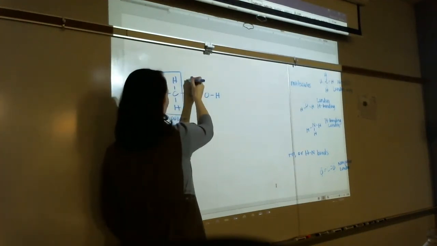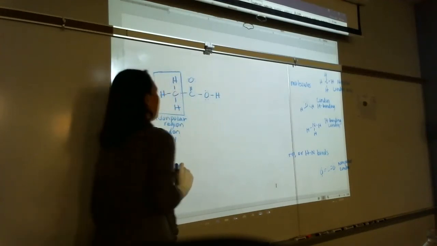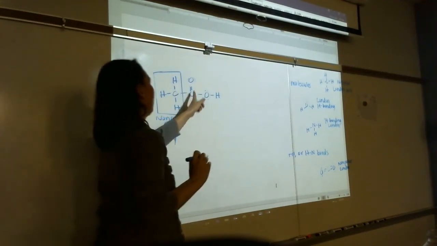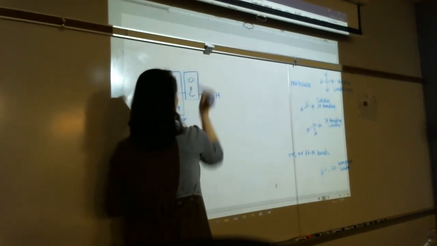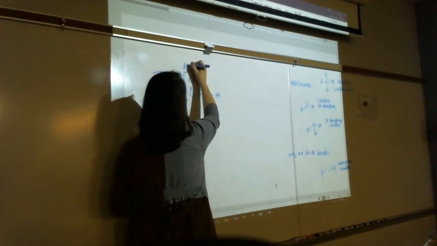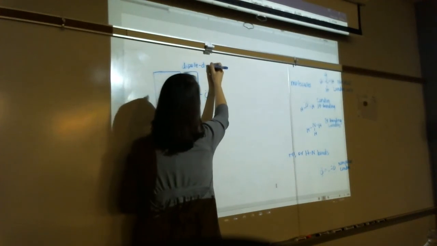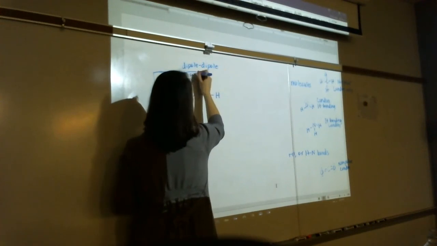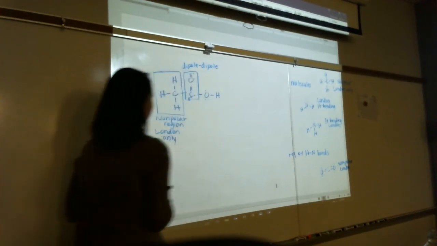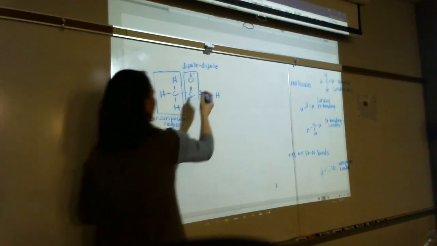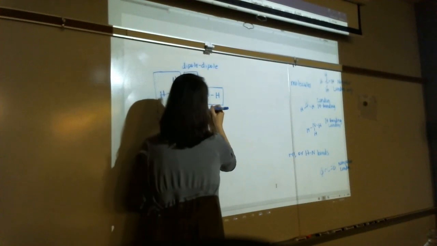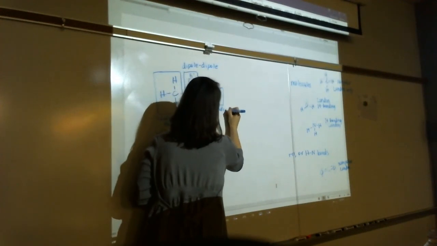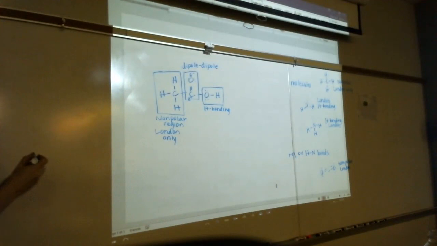Anytime you see a C double bond O, that special region of the molecule is capable of dipole-dipole, because this is a partial negative and this is a partial positive. And then what does this piece have right here? Hydrogen bonding, right? So this is an example of a molecule that would have all three.